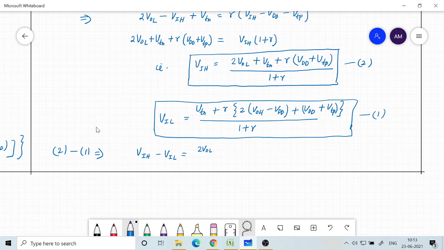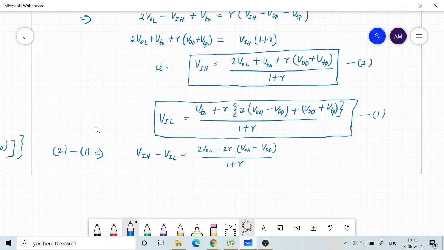And then from equation 1 we have an additional term, basically this 2R into VOH minus VDD. Since it is subtraction, it will become minus 2R into VOH minus VDD, all divided by 1 plus R. So this is basically the region where we should not let the input remain during steady state operation.